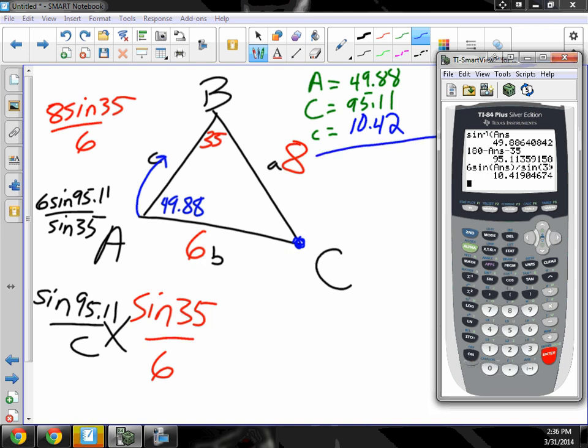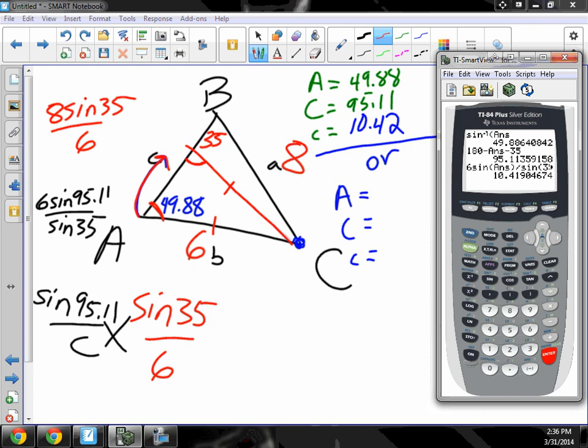Now the second triangle, I need to recalculate those three values. So we perform the pivot, moving it this way. When I pivot, angle A is going to be duplicated on the other side because this length and this length are the same. So it's an isosceles triangle.